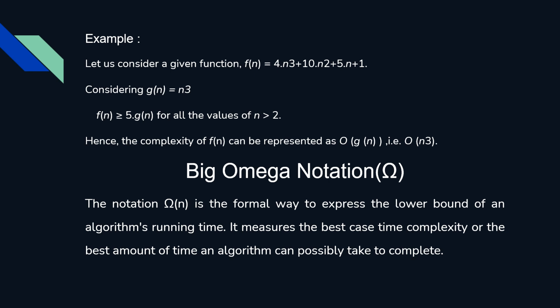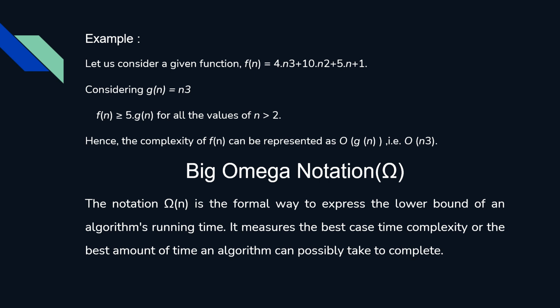If we take an example, let us consider a function f(n) equals 4n cube plus 10n square plus 5n plus 1. We know that the term with the greatest power of n, we take that as g(n).